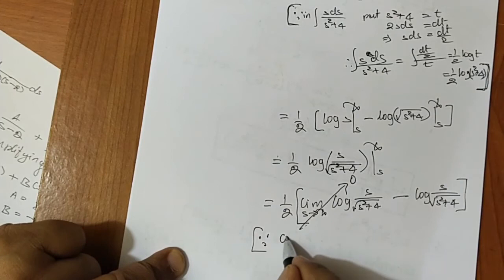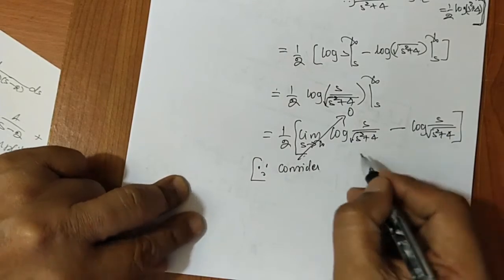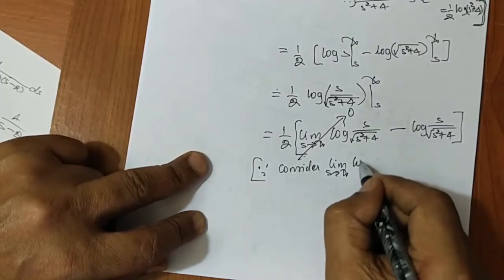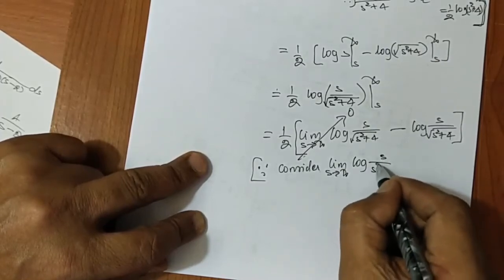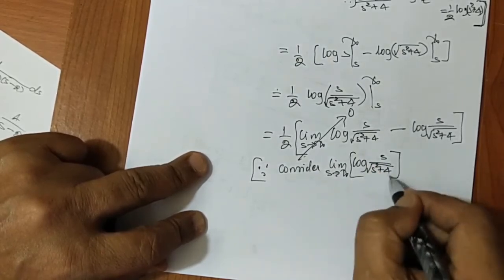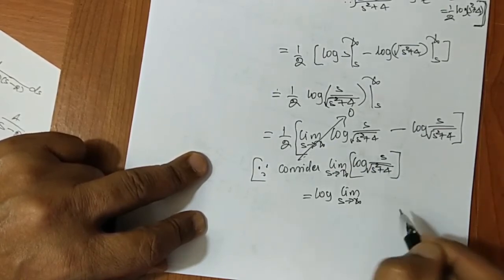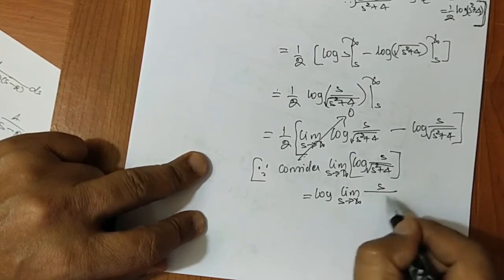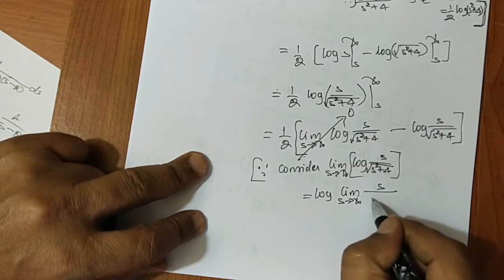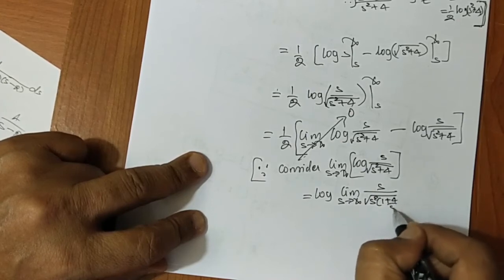I write this is 0 because again I use this. Consider, this is for your reference, you need not prove these things in the exam. Consider limit s tending to infinity of log of s over square root of s squared plus 4. So this will be equal to log of limit as s tending to infinity of s over square root of s squared times 1 plus 4 by s squared.